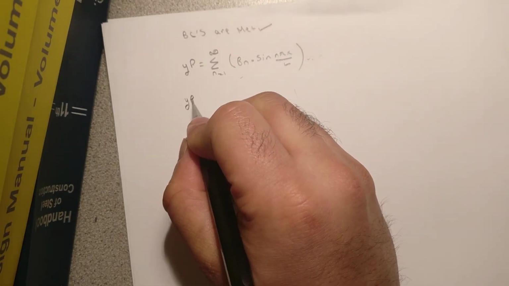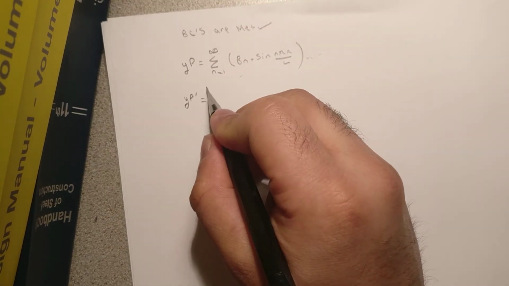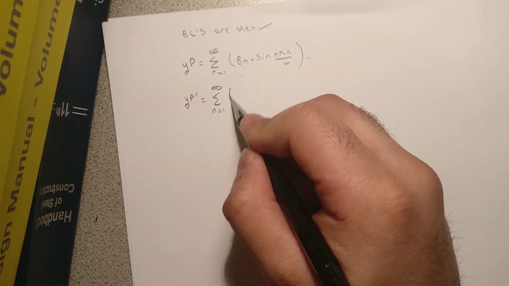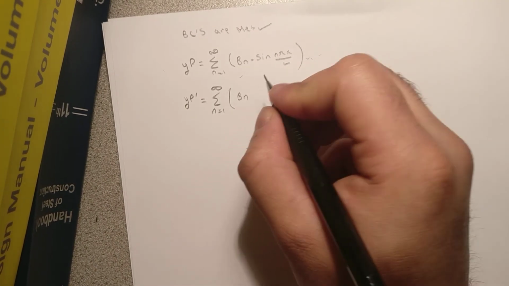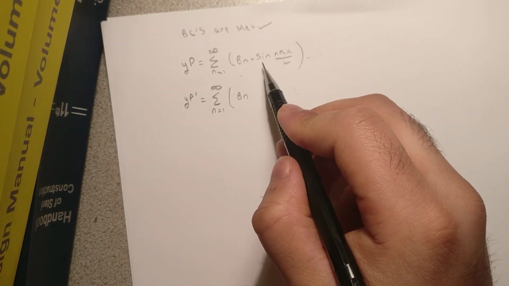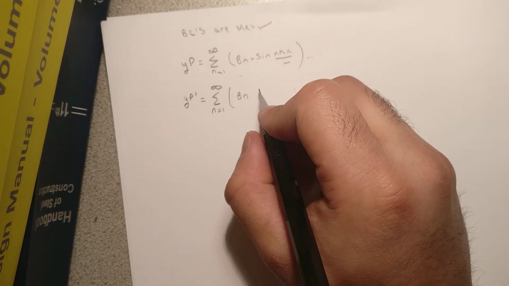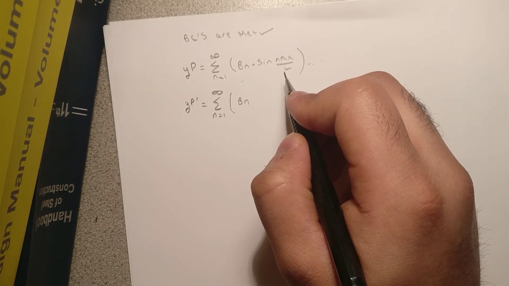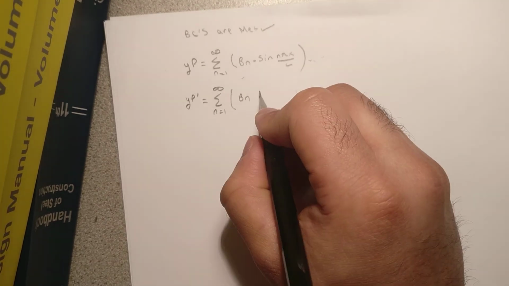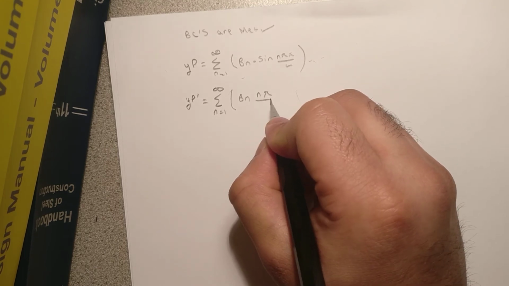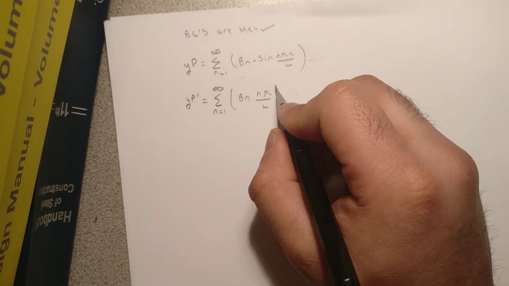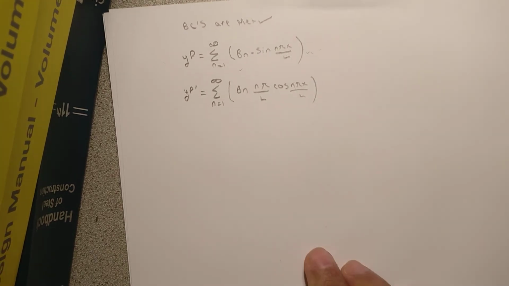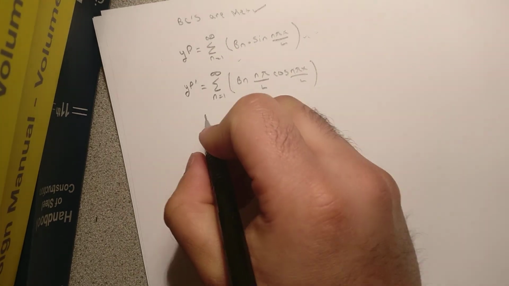So the first derivative, again, summation from n equals 1 to infinity, I still have bn here. The derivative of sine is cosine, but since I have this stuff inside here, I have to do the chain rule. So I get n pi over L cosine n pi x over L. Alright, take the derivative again.